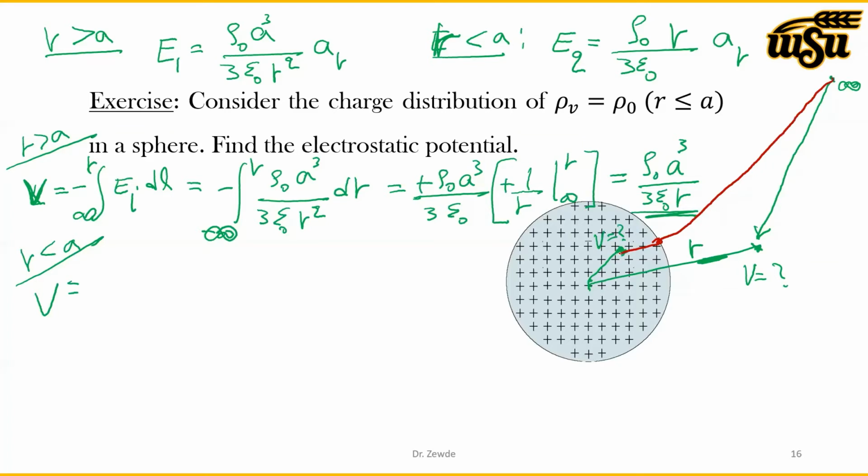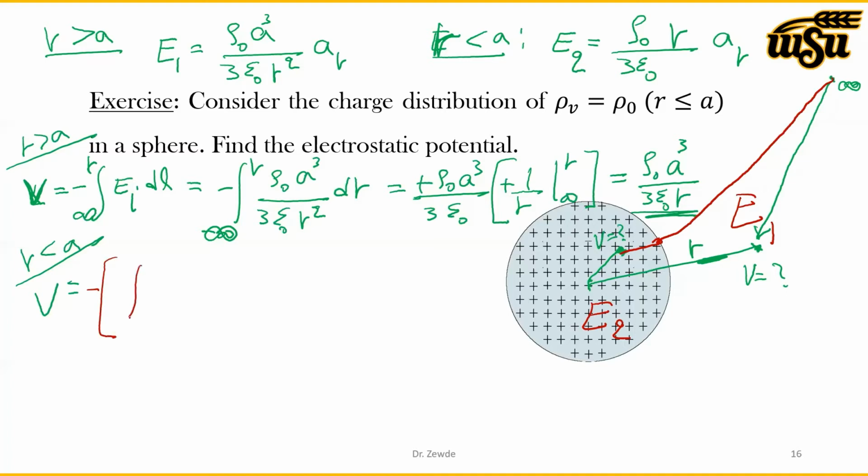Bringing a charge from infinity to inside the sphere is the same as bringing it from infinity to the surface and from the surface to the inside, because we have two regions with different expressions for the electric field. We have E2 here inside, and E1 outside.